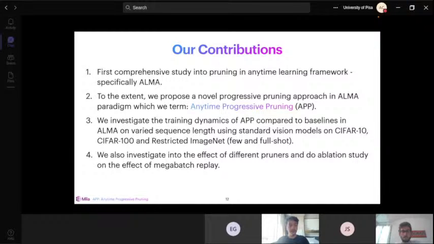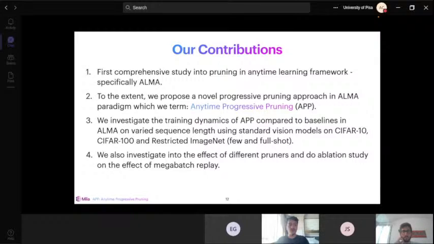To this extent, we also propose a novel progressive pruning approach in the ALMA paradigm, which we call Anytime Progressive Pruning. We also do several experimental analyses and ablation studies and compare it to standard baselines while also varying the sequence length. And when I say sequence length, it basically means the number of mega batches in the stream.